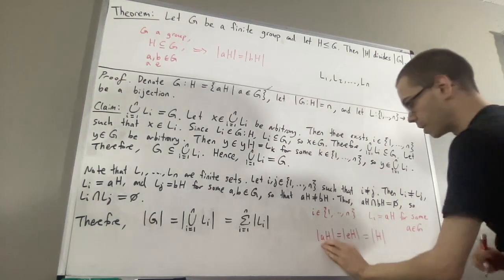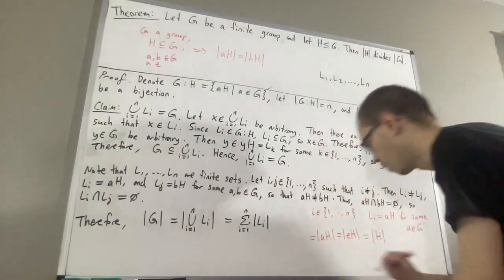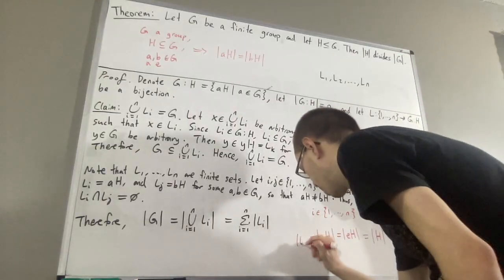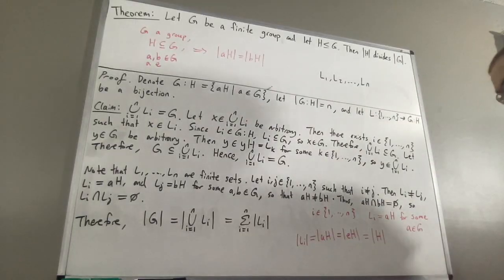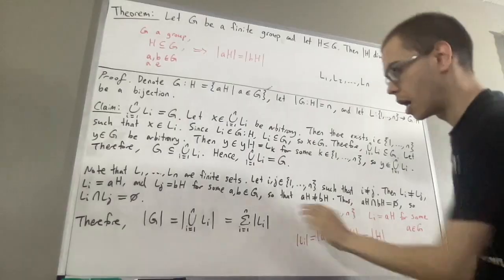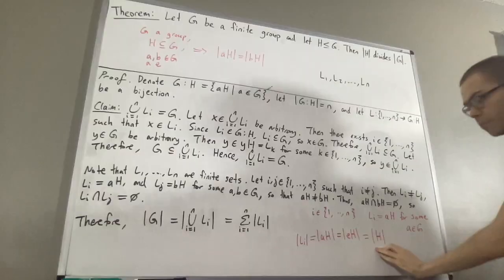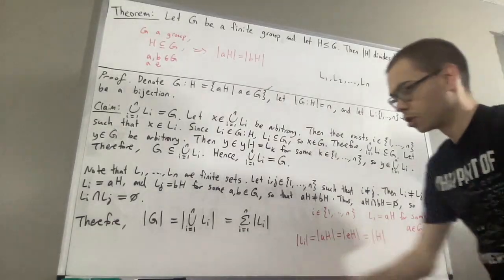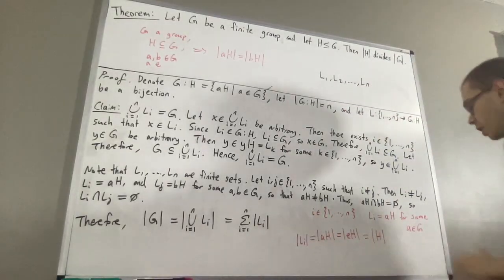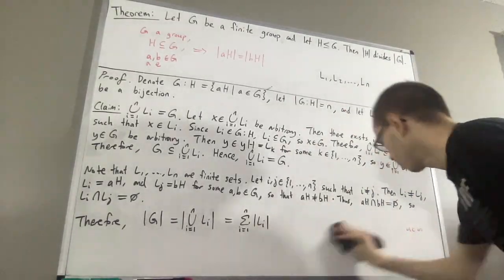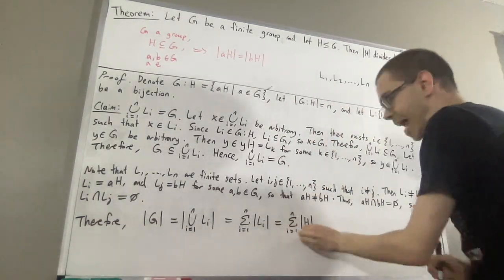So this shows that the number of elements in AH is equal to the number of elements in H, but remember, AH is equal to Li, so we're really saying the number of elements in Li is equal to the number of elements in H. So given any integer i between 1 and n, the number of elements in Li is really just the same thing as the number of elements in H. So in that case, every term of this sum is precisely the number of elements in H. So we're adding the number of elements in H n times.